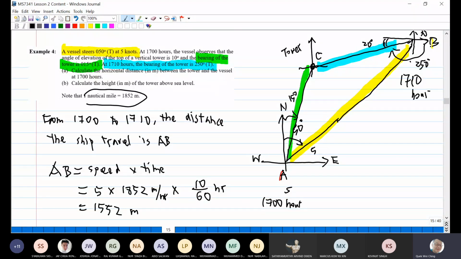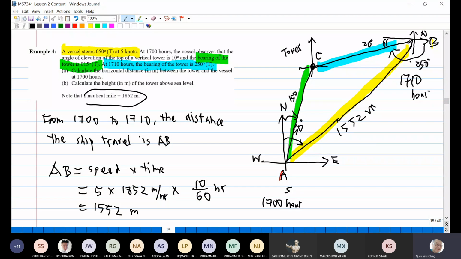So this distance AB, I can change it to 1543 meters.